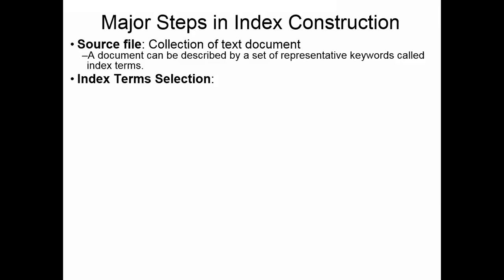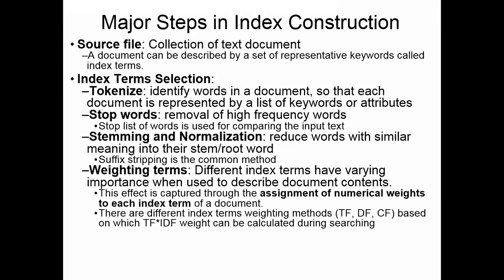As we said earlier, to identify index terms and query terms, especially when we are selecting non-content bearing terms, we have to go through the tokenization step, which is always there, then stop word detection, stemming, and normalization. Finally, weighting by applying term frequency, document frequency, and collection frequency.